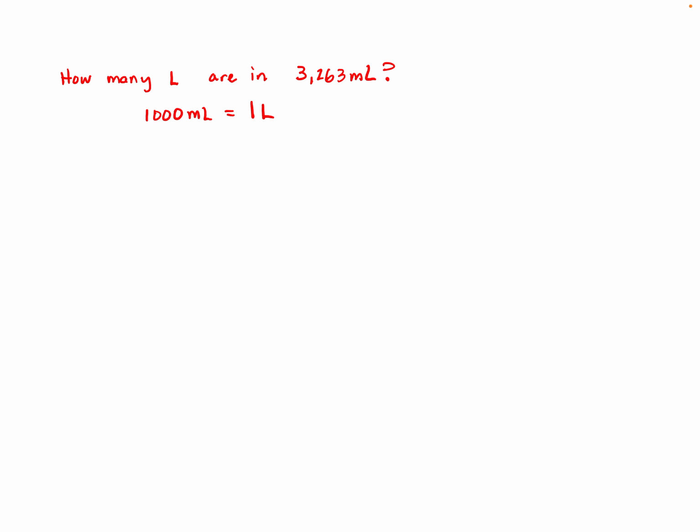So what do we have starting with? Right, we are starting with milliliters. We need to get to liters. So my conversion factor, what needs to be on top? The liters, right? 1 liter over our 1,000 mils.